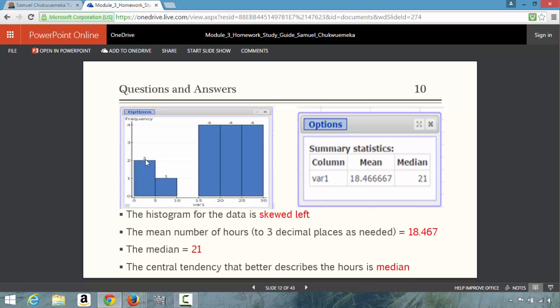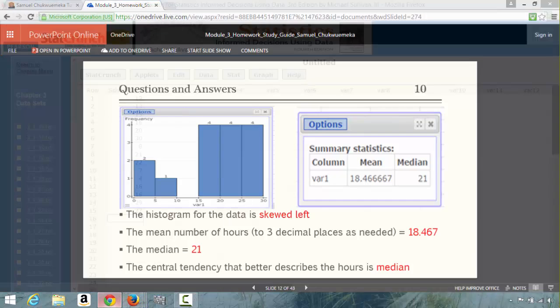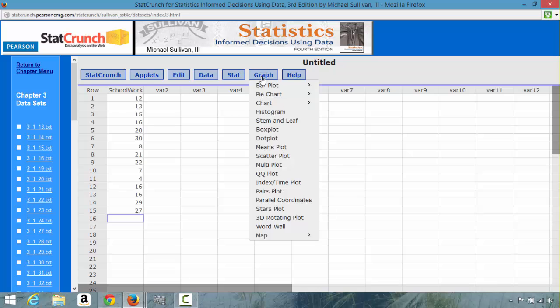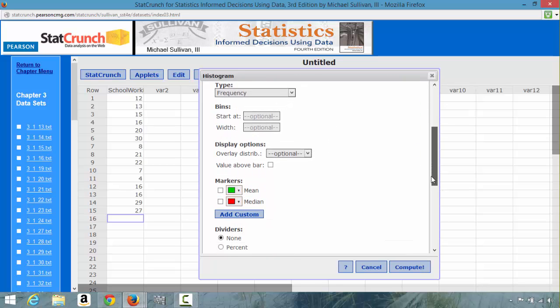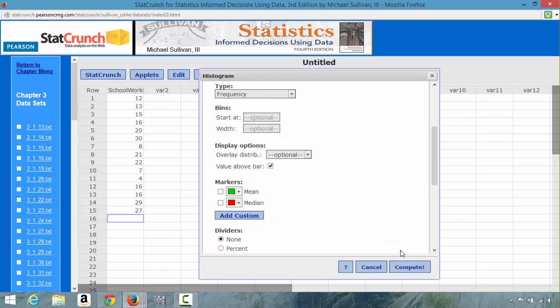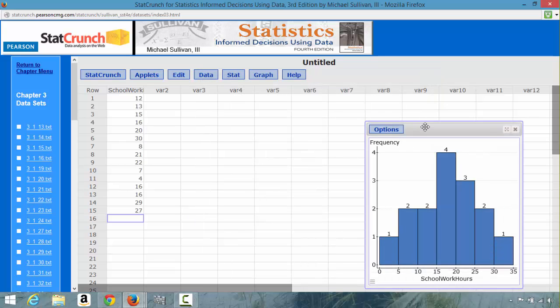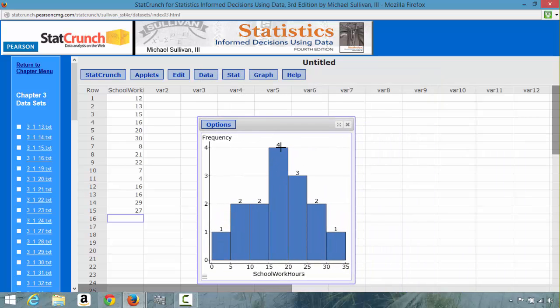Okay, this is if you want the value. Some people will ask me, why did you put the value above bar? If you just want the value above bar, you do that. Histogram, school work hours. You come here, you want the value above bar, you compute. So it gives you the value above the bar if you want to do that.